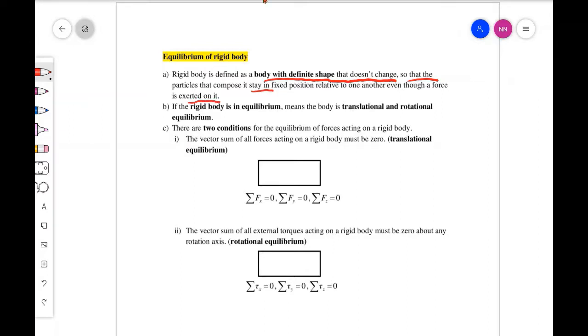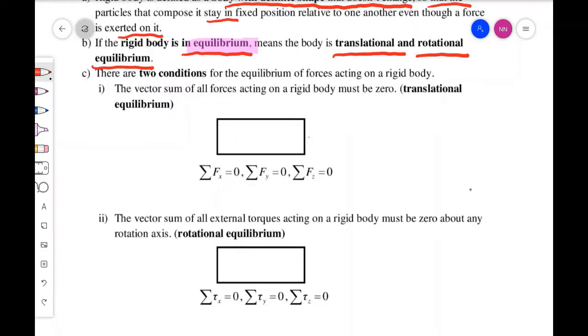If the rigid body is in equilibrium, means that the body is translational equilibrium and rotational equilibrium. So there are two conditions for the equilibrium of forces acting on a rigid body. Okay, first, translational equilibrium. Second is rotational equilibrium.